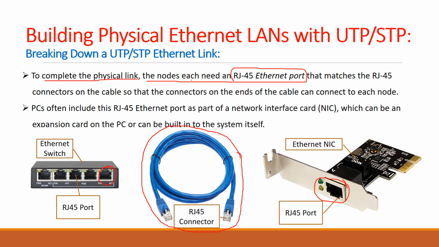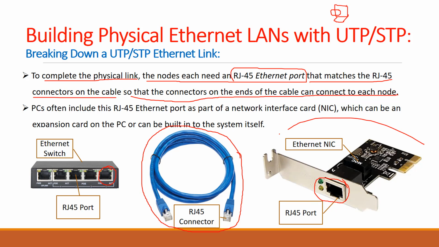So the nodes each need an RJ45 Ethernet port that matches the RJ45 connectors on the cable, so that the connectors on the ends of the cable can connect to each node. So we will have here a PC with a network interface card like this one.